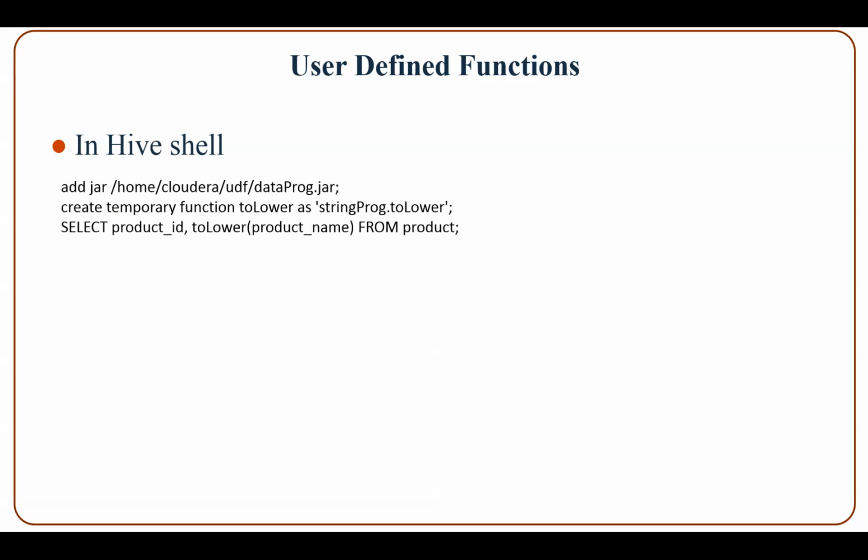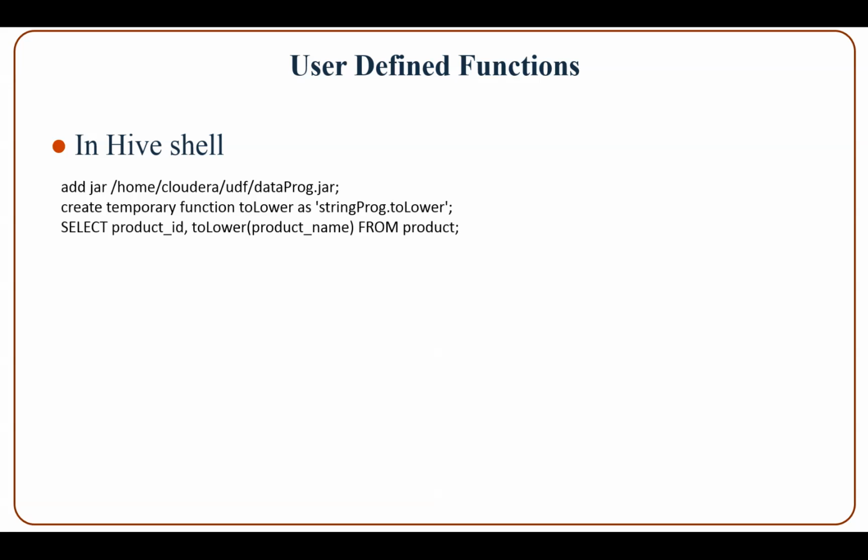And later on, when you want to use the UDF function in the jar file, then in Hive Shell you run add jar and then specify the path. This is the local path to the jar file, and so basically you need to use a shell to copy the jar file to the cloud VM.